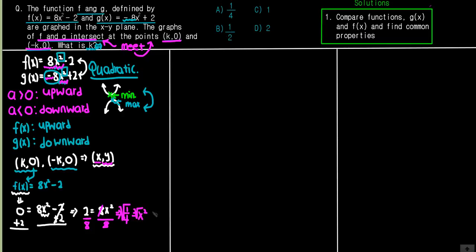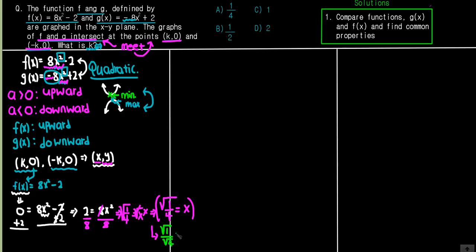If we take the square root of both sides, we get the square root of 1 over 4 is equal to the square root of x squared, but the square and the square root cancel out, so we get x. Now for the square root of 1 over 4, we can use a property of the square root. It is the same thing as the square root of 1 over the square root of 4.